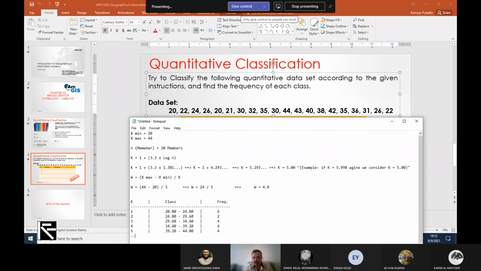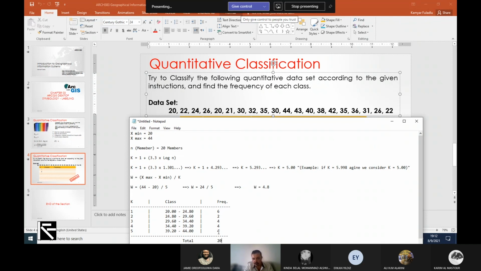Now we need to test whether we did it correctly or not. If you make a sum of these numbers, for instance, this becomes 12. We have 2 more here, which is 14, and 6, equal to 20.